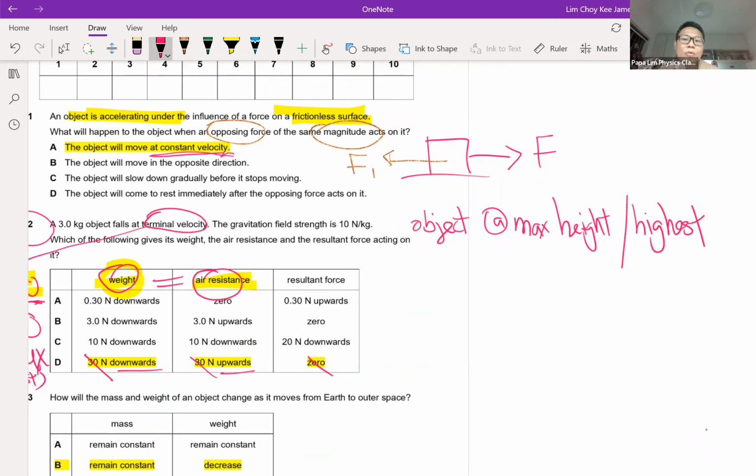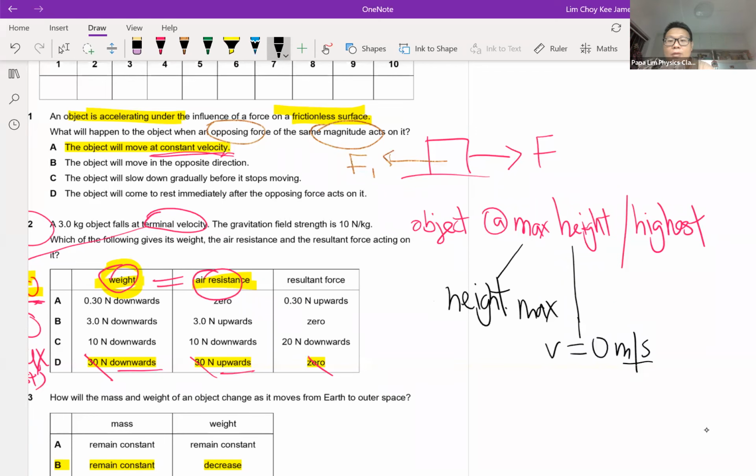When the object is at maximum height, there are a few things you must take note of. At maximum height, it means the height above ground is the maximum. That's the first clue. The second thing is that at the highest location, the object is momentarily at rest.